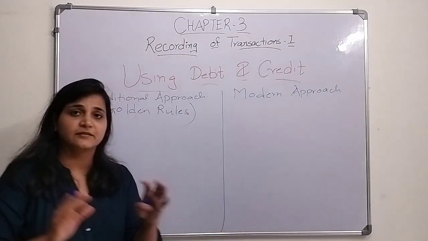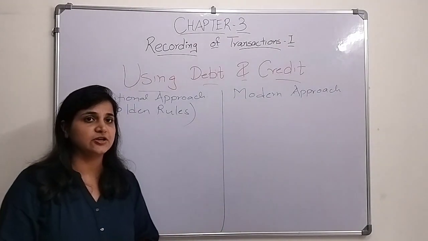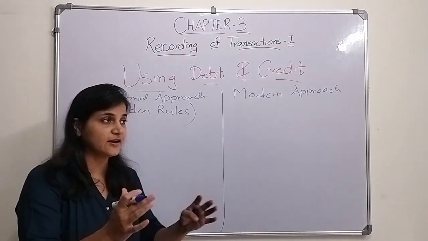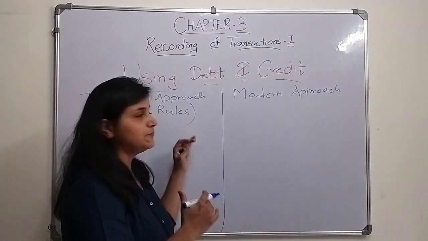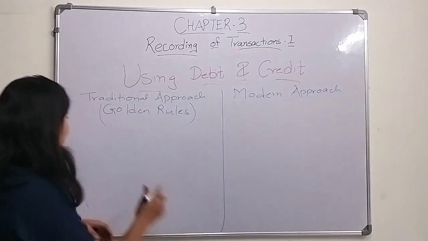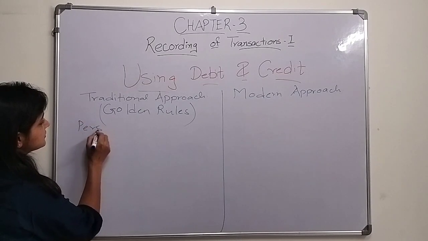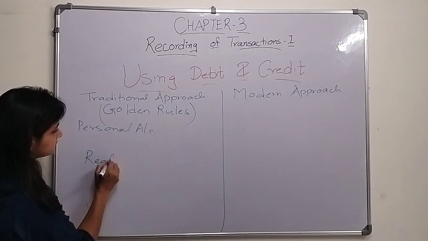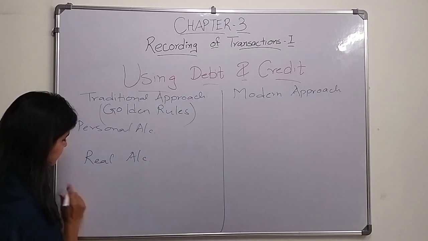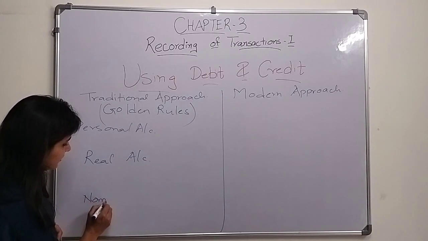So the traditional approach: every transaction has been categorized as per the traditional approach. There are three accounts: personal account, real account, and nominal account.